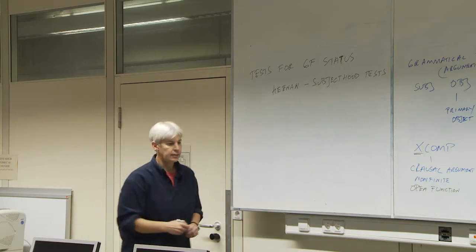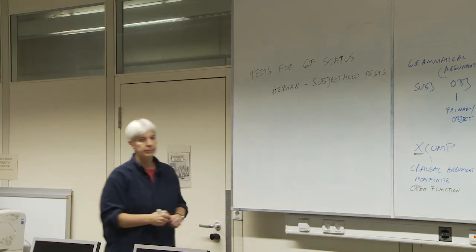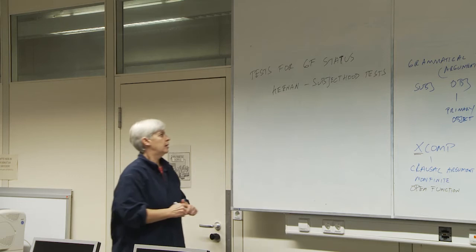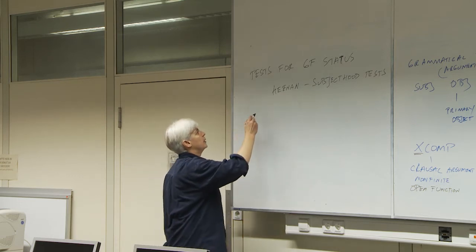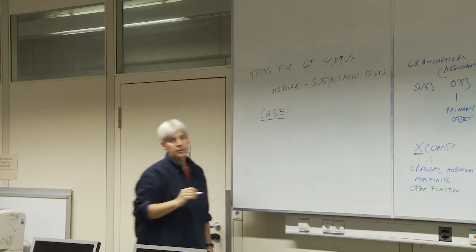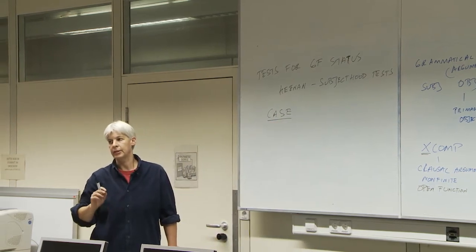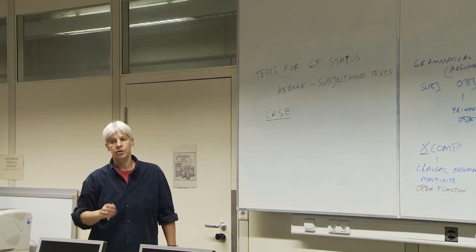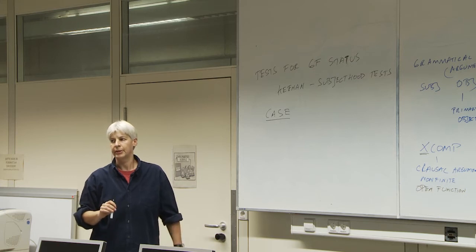Some of the tests that do work, but again, you have to be careful, are the one that we had before: case is a good indicator. In some languages, it is the indicator. So in German, if it's nominative, it's a subject, generally. German seems to be quite strict about this.